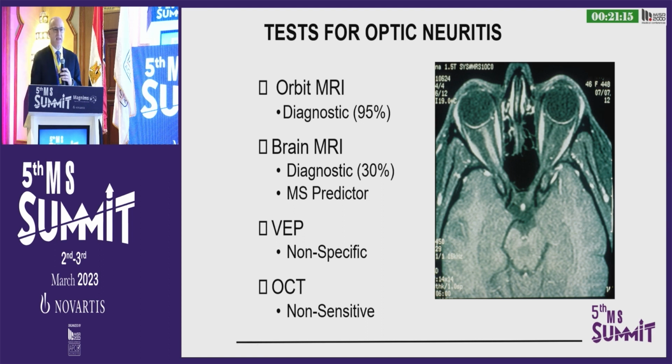But a brain MRI scan, important for looking at future risk of multiple sclerosis, will only detect the optic nerve lesion in about 30% of cases due to differential sectioning and the lack of fat suppression. Visual evoked potentials and optical coherence tomography are nonspecific and not sensitive. They can indicate the presence of optic neuropathy and optic disc atrophy, but they're not specific for optic neuritis.